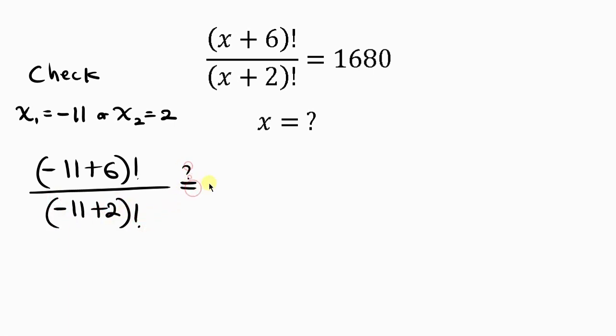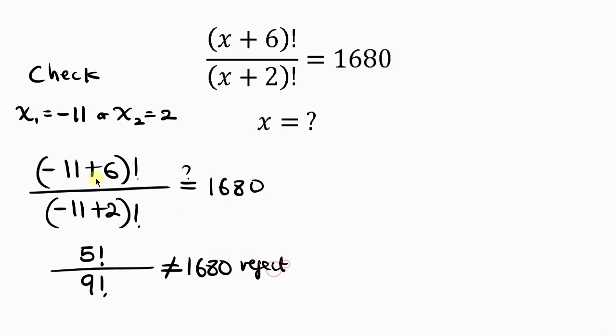Would this be 1680? From the numerator, negative 11 plus 6 is 5 factorial. Now the denominator, negative 11 plus 2 is negative 9 factorial. Well, you notice the denominator is actually bigger than the numerator. So this is not possible. So this is not equal to 1680. So we're going to be rejecting this. We're not going to be taking negative 11.